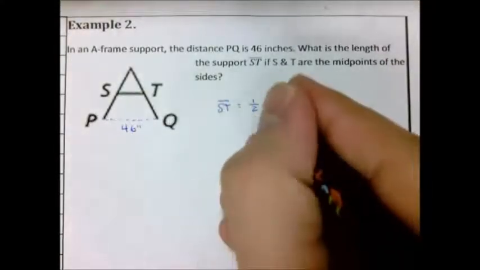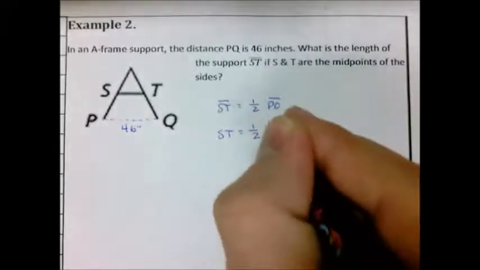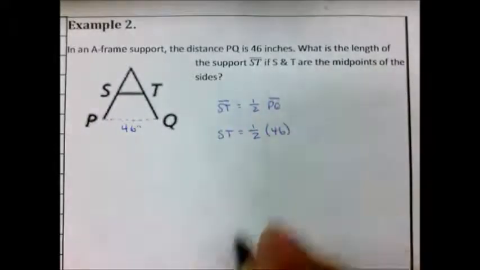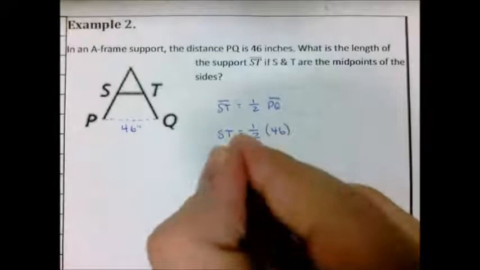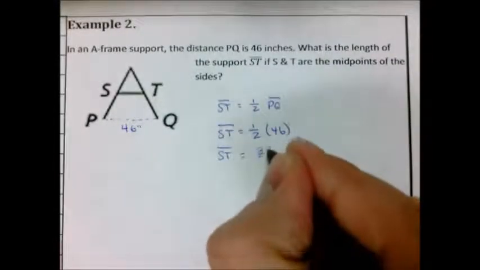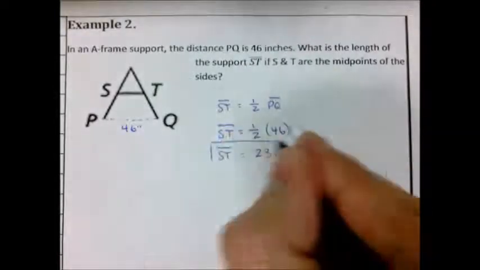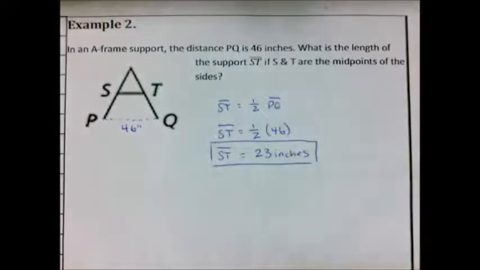If we plug in the value for PQ, which is 46, and solve, 46 times 1/2 means that ST has to equal 23 inches. Okay, that's how you can use the triangle midsegment theorem to help you solve some problems.